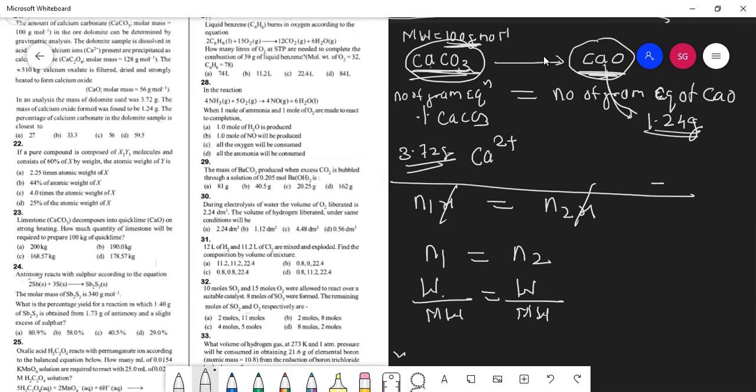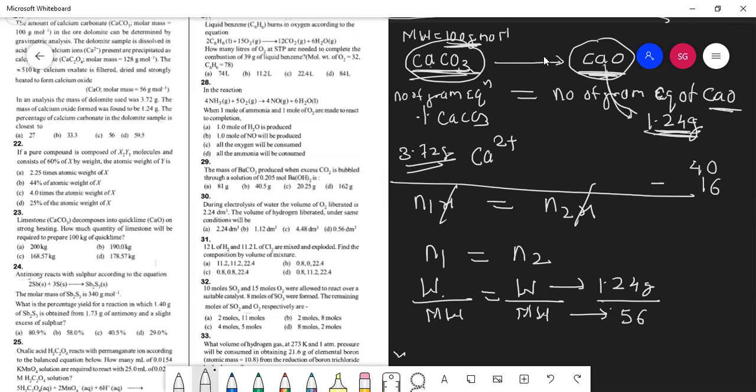How much weight of calcium oxide is given? 1.24 grams. Can you find the molecular weight of CaO? Calcium is 40 and this is 16. Is it 56?